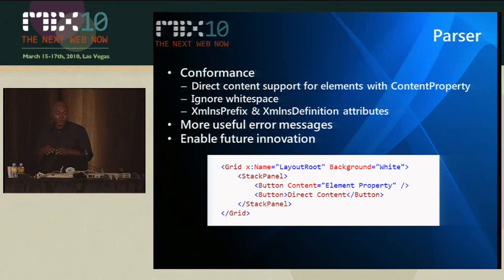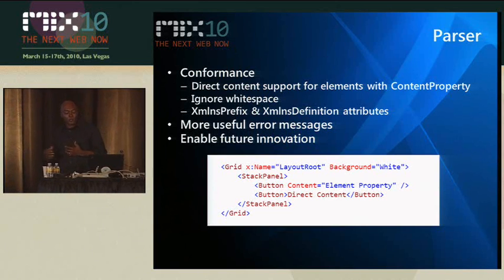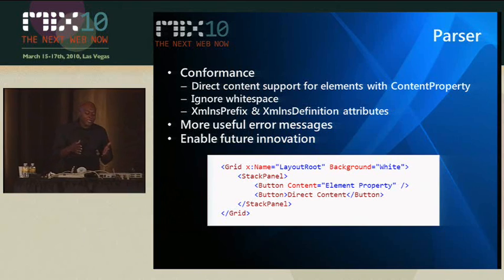Any of you who have hit tabs or new lines into content controls and had those new lines and those non-printable or non-displayable characters show up in your markup know how frustrating it could be because it's inconsistent with WPF. So we actually fixed our parser to recognize more correct XAML and better handle incorrect XAML.